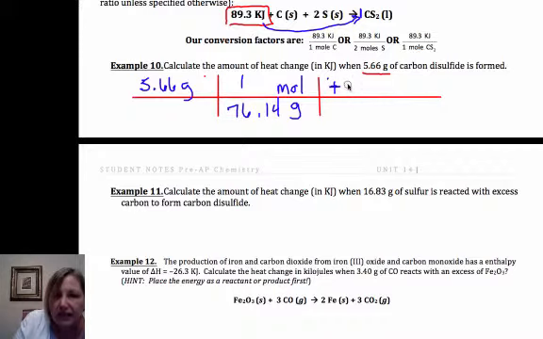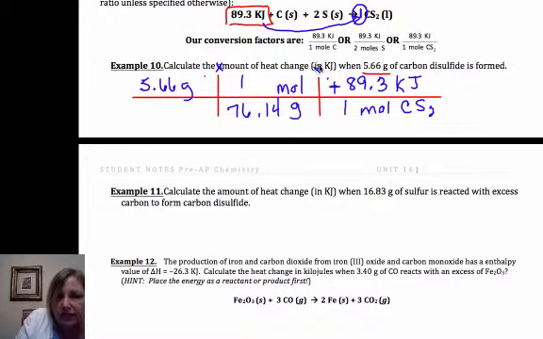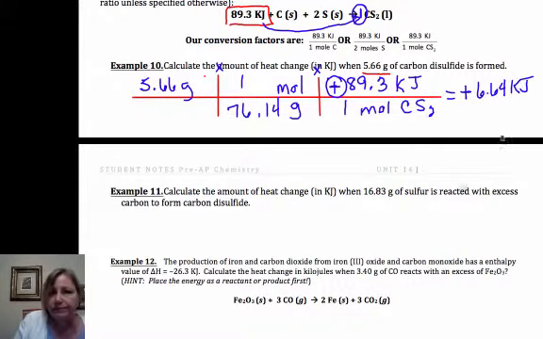Kilojoules per, look for that coefficient, 1 mole of CS2. I was just trying to emphasize that it's going to be a positive value. So it ends up being plus 6.64 kilojoules.